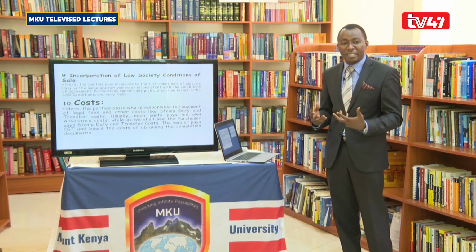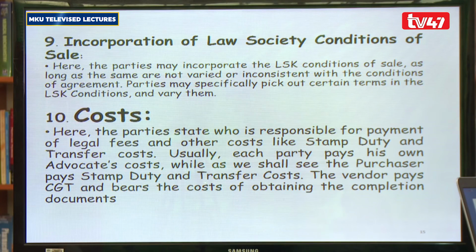The law of conveyancing typically is very clear on what costs should be borne by which party. It is normal, for instance, that the contract will provide that each of the parties will bear the cost of their advocates. That is very normal.